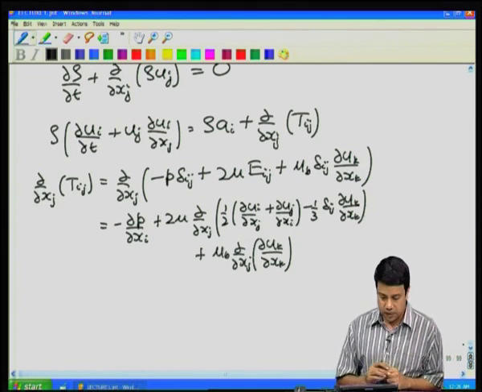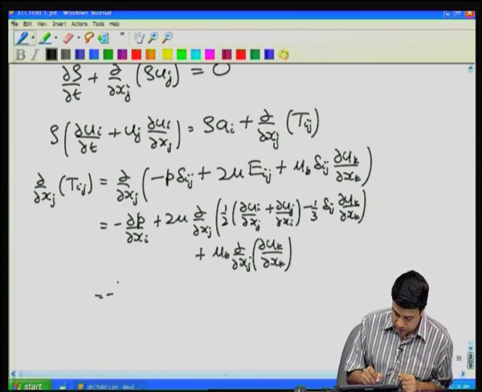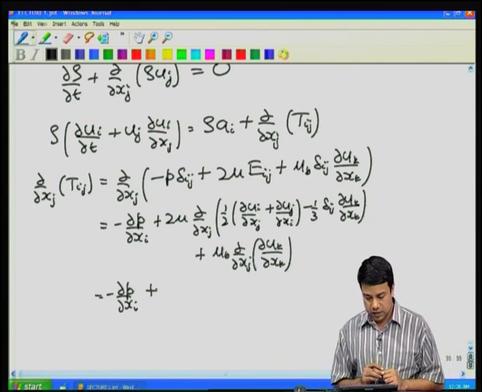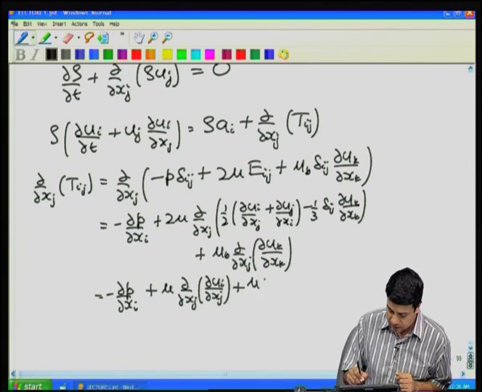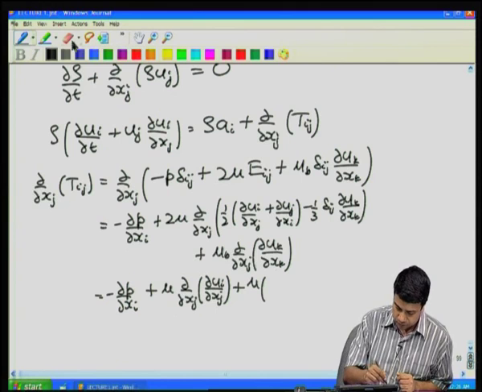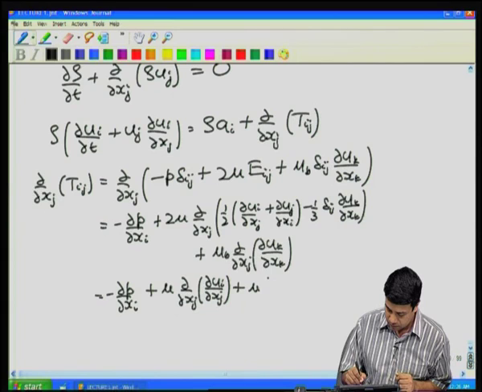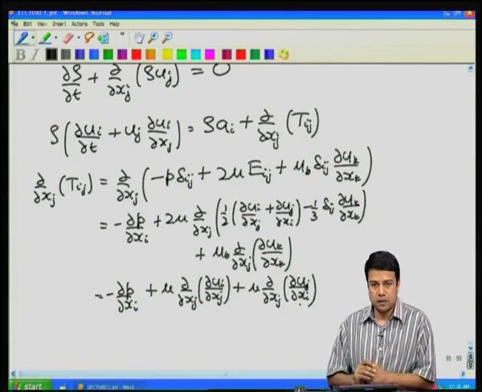Let us simplify this a little bit. The first term is minus partial p by partial x_i. Second term is mu partial by partial x_j of partial u_i by partial x_j plus viscosity into partial by partial x_j of partial u_j by partial x_i. Okay.